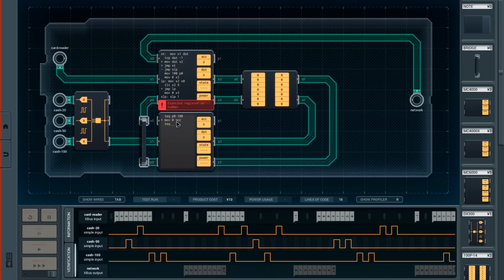So if x1, test if x1 is 100, then add 100, and you could do test equal x1 as 10, add 50, and test equal x1 1, add 20, right? I can probably make that logic more compact, but let's just follow this to its logical conclusion.